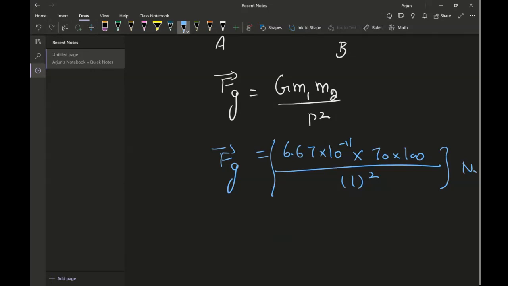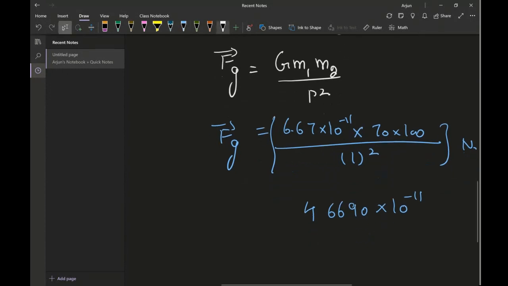So if I do the math, 6.67 multiplied by 70 multiplied by 100 gives 46690 times 10 to the negative 11.